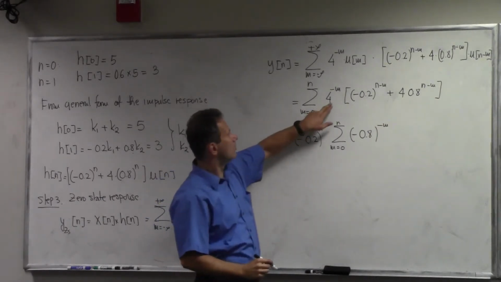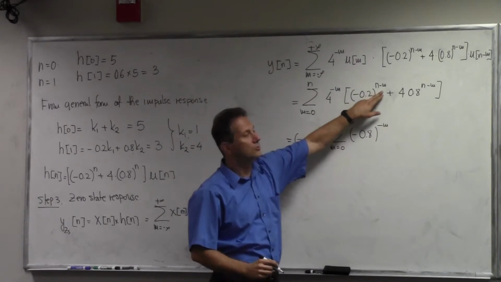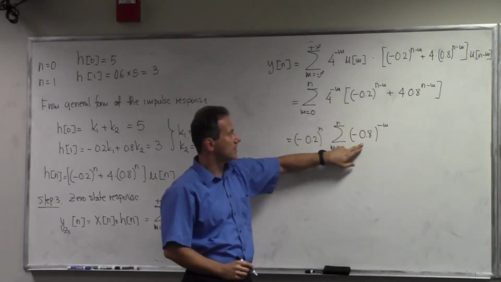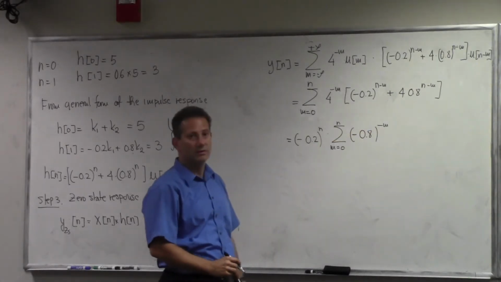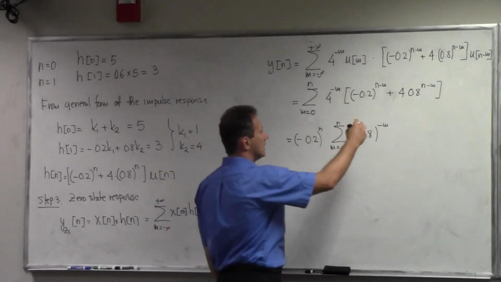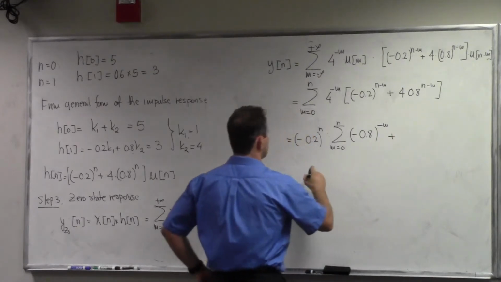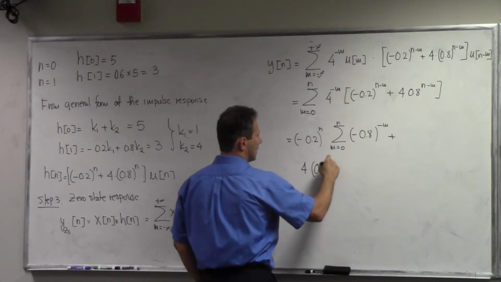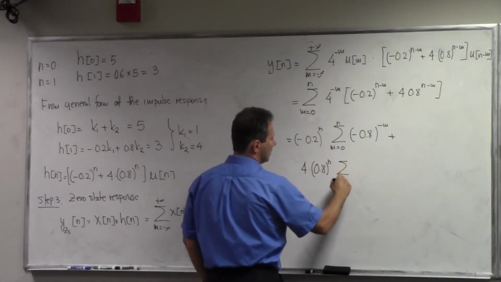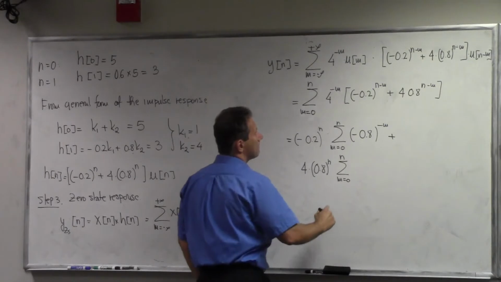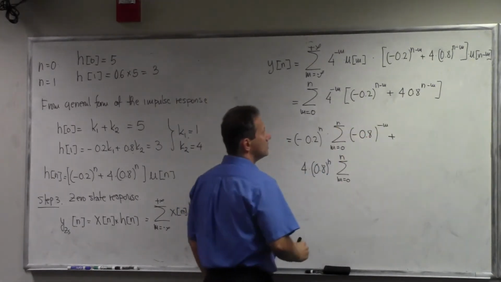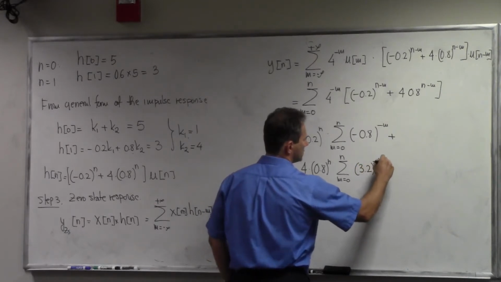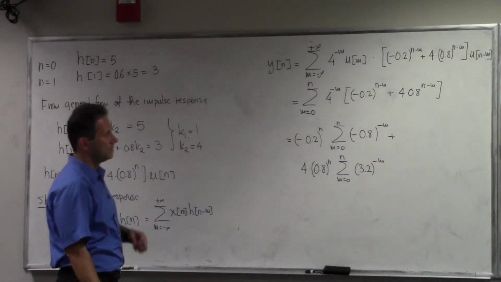See what I did? It's 4 to the minus m, minus 0.2 to the minus m. So 4 times minus 0.2 is minus 0.8 to the power of minus m. And then the last term becomes 4 times 0.8 to the power of n, and sum when m goes from 0 to n. 4 times 0.8 is 3.2 to the minus m. Okay?